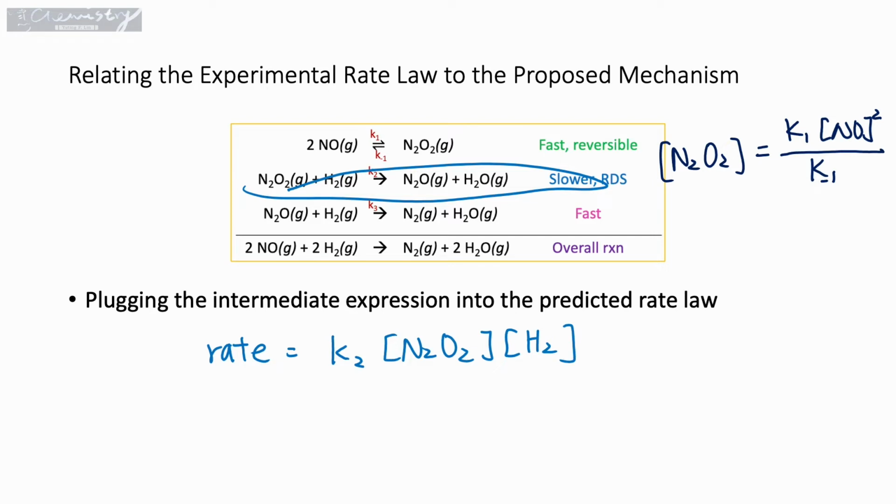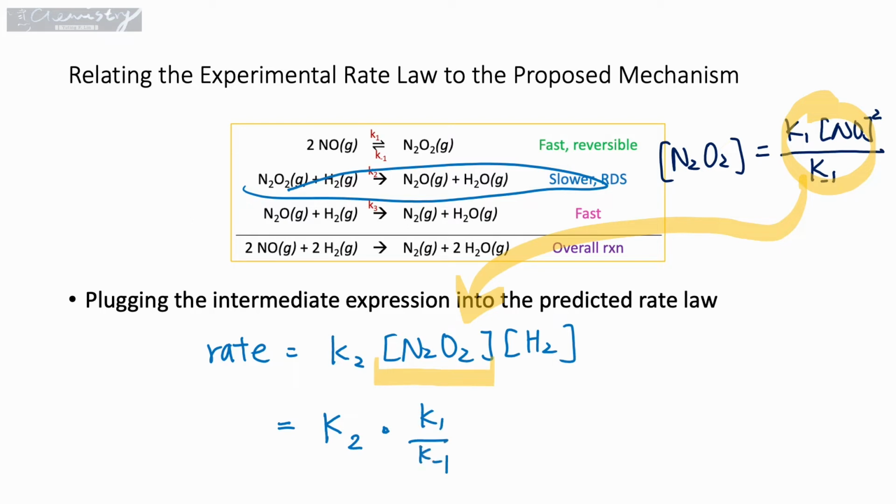And then remember we said that this concentration is an intermediate, we cannot measure it. So we went to the first step to rewrite it. Now we can replace it. So now we can say that this is equal to K2 times K1 over K negative 1 times NO squared times H2. And now we can see that both of these species are not intermediates. That means that their concentration can be measurable.